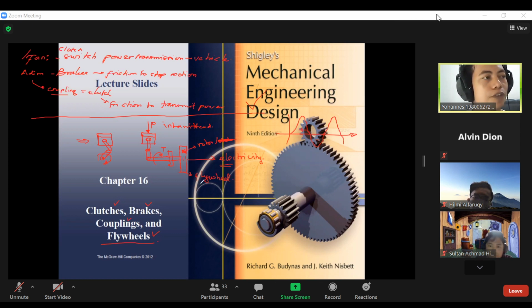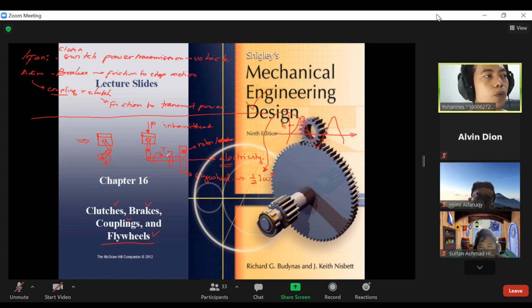So that's why we put a flywheel, because the flywheel can absorb the excessive kinetic energy. For example, here we only require this energy, so we have here an excessive amount of energy. Then it is absorbed by this flywheel in the form of rotation, so it will have kinetic energy like this. So this energy goes to the flywheel.